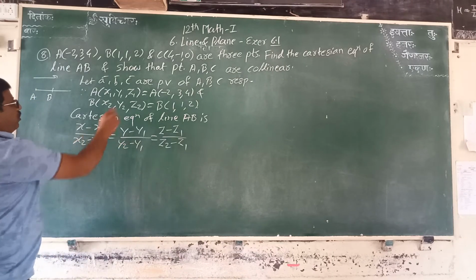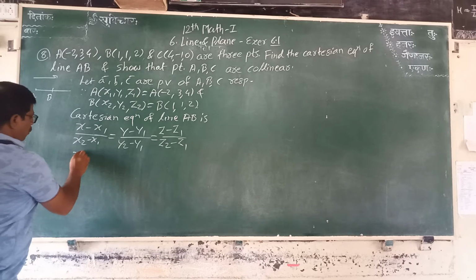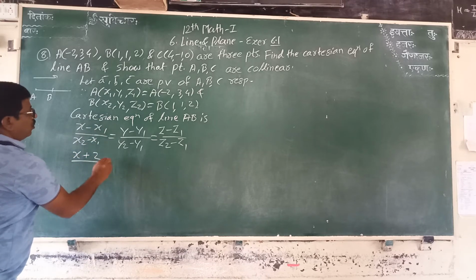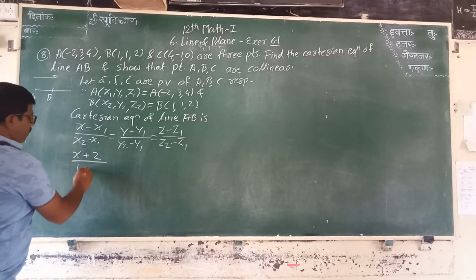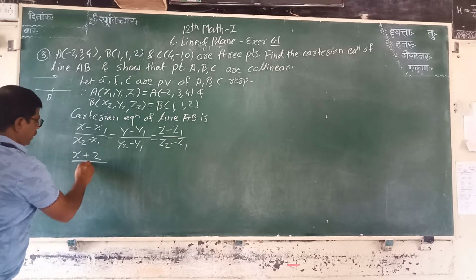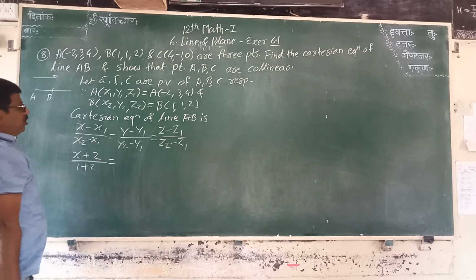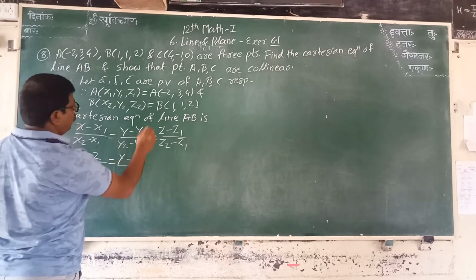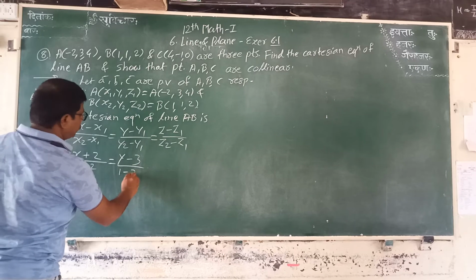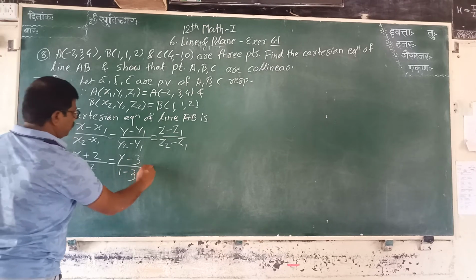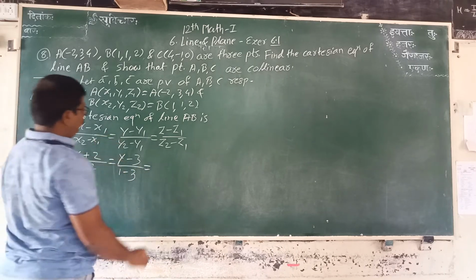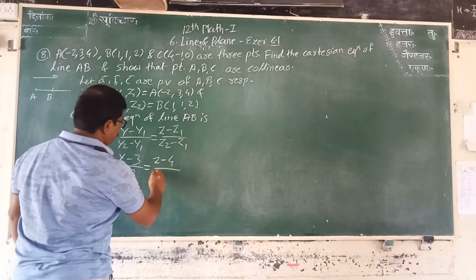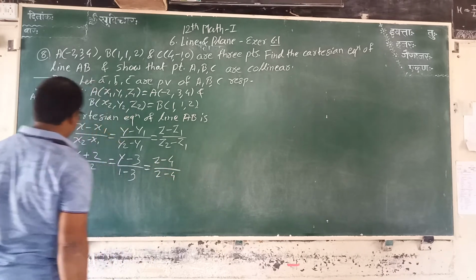We put the values of x1 and x2. Therefore, we get (x minus minus 2, that is x plus 2) upon (1 minus minus 2, that is 1 plus 2) is equal to (y minus 3) upon (1 minus 3) is equal to (z minus 4) upon (2 minus 4).